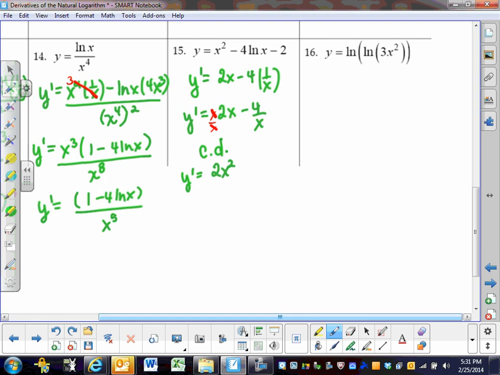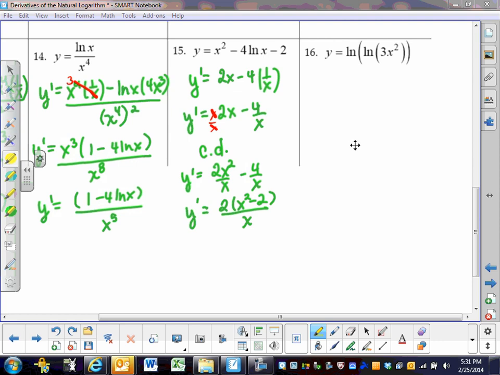And again, you would probably see this factored out. So it would be x cubed parentheses 4 natural log of x minus 1 all over natural log of x squared. So remember, this absolutely cannot cancel. If it doesn't factor out, it cannot cancel.